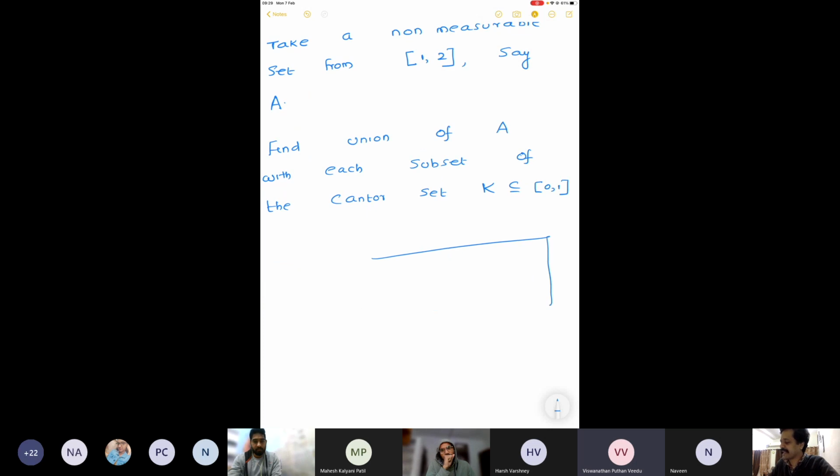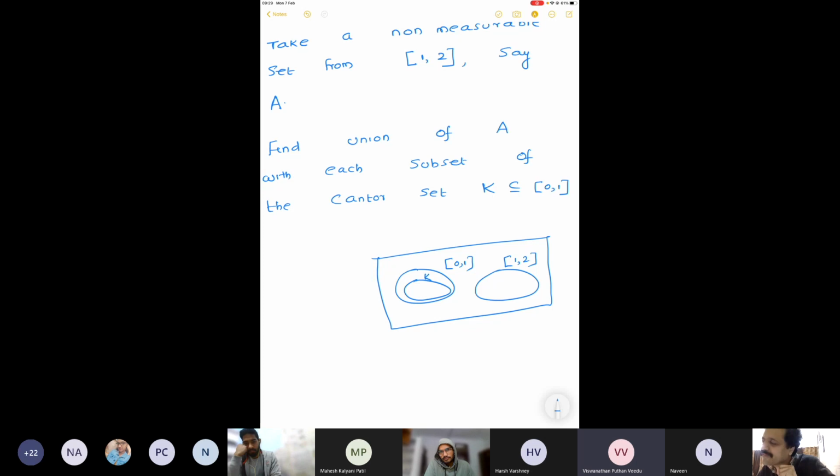First of all, remember that they are disjoint. One is inside [1, 2]. Here you have Cantor sets, and here you have [1, 2]. So is it clear that the union of A with each subset of the Cantor set will be non-measurable?